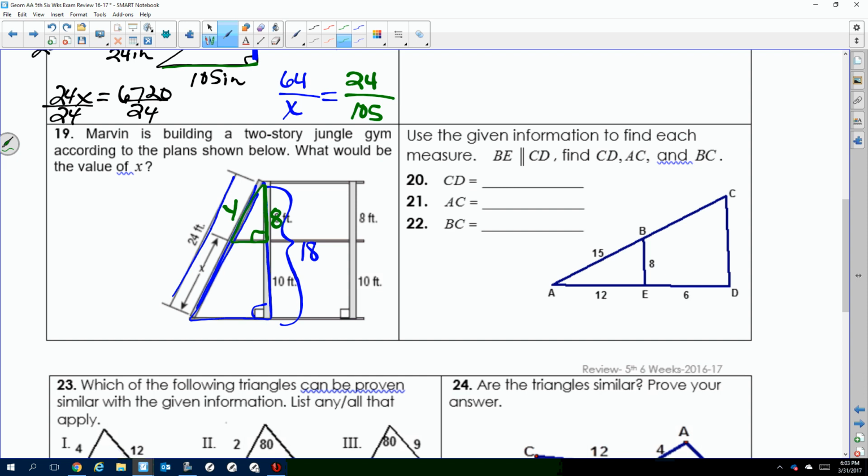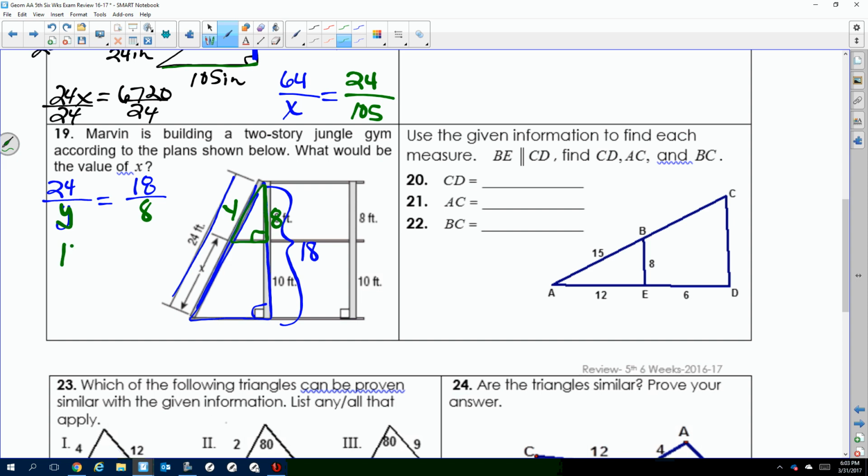So I'm doing hypotenuse to hypotenuse. My hypotenuses that go together are 24 is to y. And then my legs that go together, from the large triangle, the vertical leg, is the 18 to the vertical leg in the small green triangle, which is the 8. I probably should put that y as green, sorry. Now we're just going to cross multiply and solve here.